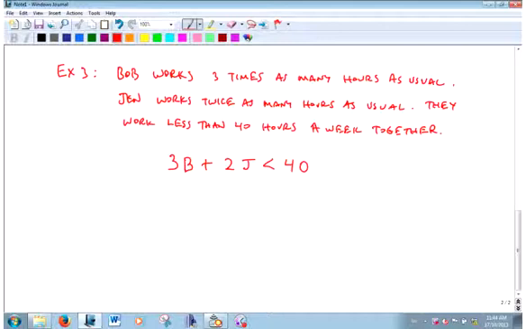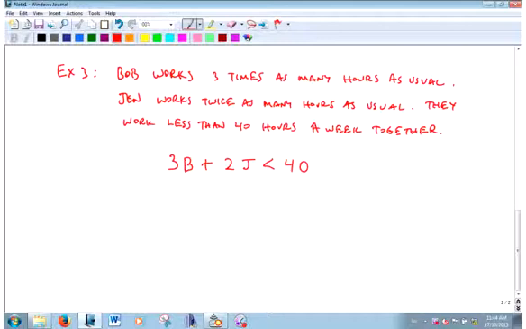This B stands for hours that he works, and that's okay, by the way. J stands for how many hours Jen works. Okay, so if Bob normally works, say, 6 hours, but it's summer holidays, now he's working 3 times as many, that would be 3 times 6, 18.